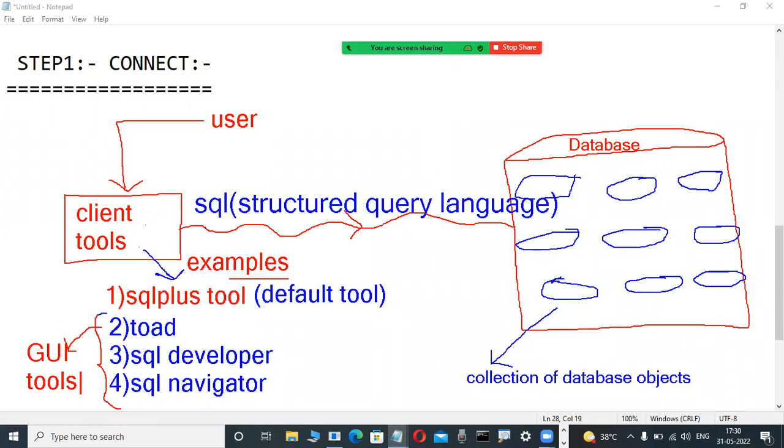Completed? Complete this one, everyone is drawing this small diagram.